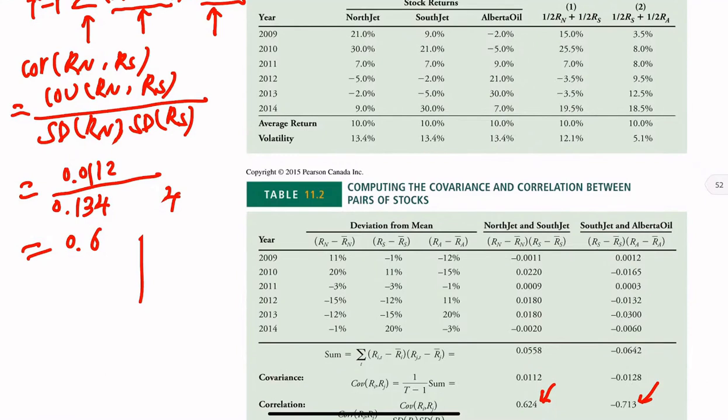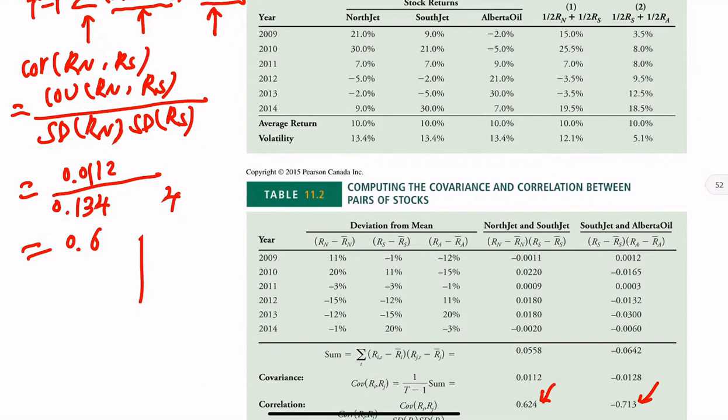South Jet is an airline, and Alberta Oil is an oil firm. So let's think about the price of oil. If the price of oil is low, then South Jet will have good performance because oil is a cost to South Jet. And then if the price of oil is low, then Alberta Oil will suffer.